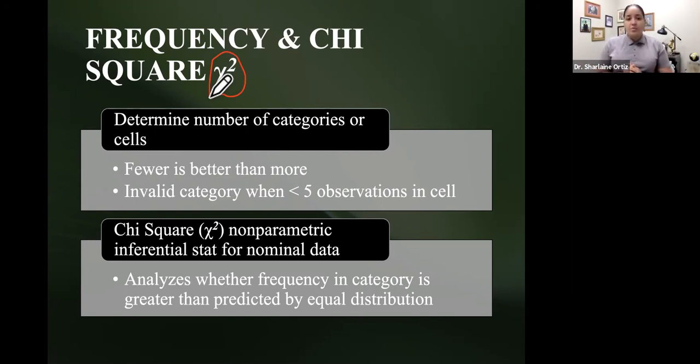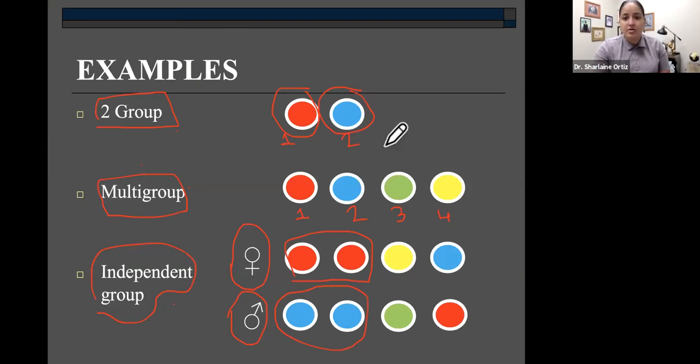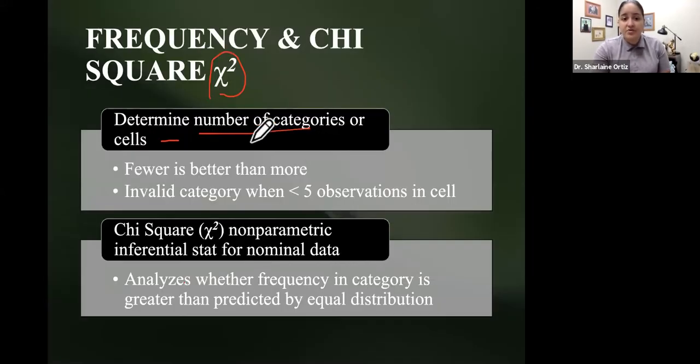First of all, in order to conduct the chi-square, we will need to determine what number of categories or cells we want to include. Let's go back to our previous example. Notice that I had fewer groups. I had the category of a red pill, and then the category of the blue pill. Now, that is our first step.